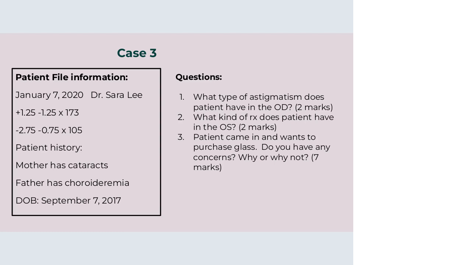For 0.75, you can get away with that one. Some people not so much, but the majority of the population, yes. But 1.25, yes. The 4-to-1 rule, yes, you can apply that one. But even just generally looking at the prescription, 1.25 cylinder, most people over 1 start correcting.